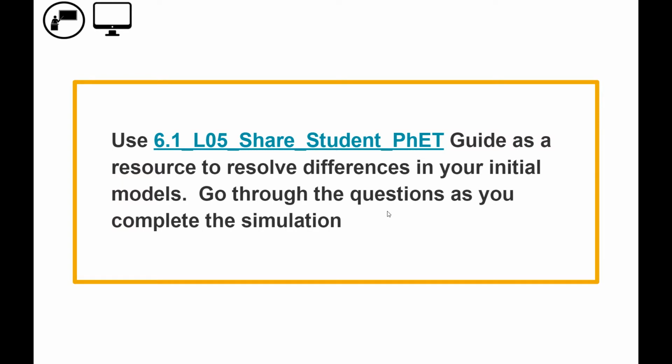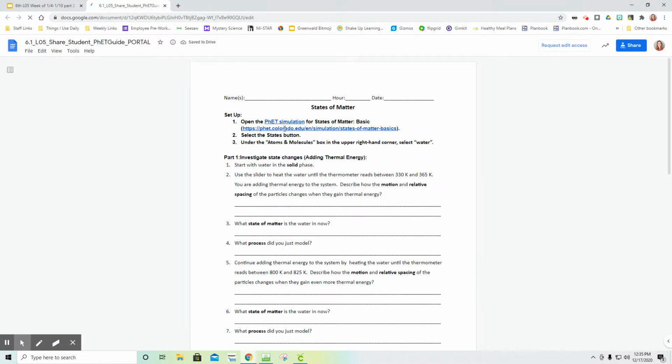What I would like for you to do is, in your workbook, you have a space to jot some notes. What we're going to do is revisit that PhET simulator. And this time we're going to practice using those tools that we had asked you to not use last time. So we need to open the PhET simulation.